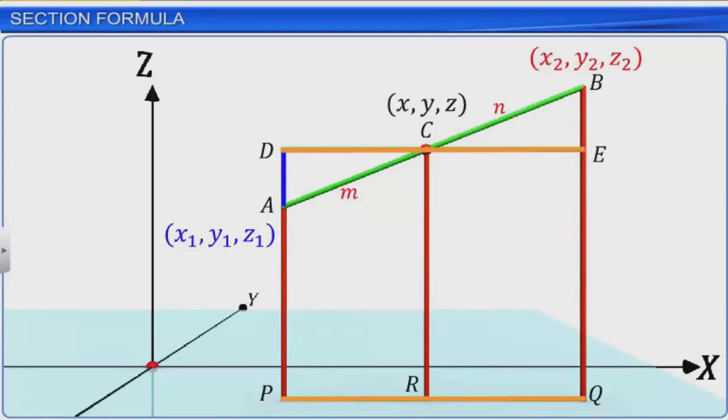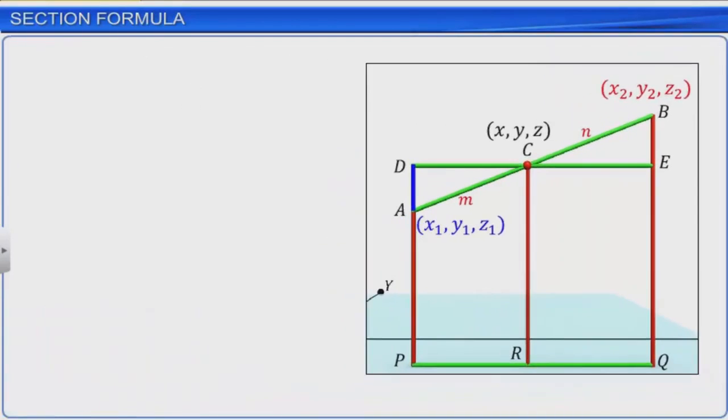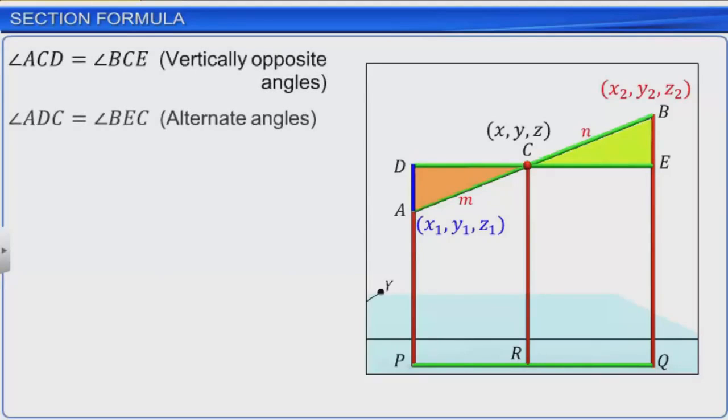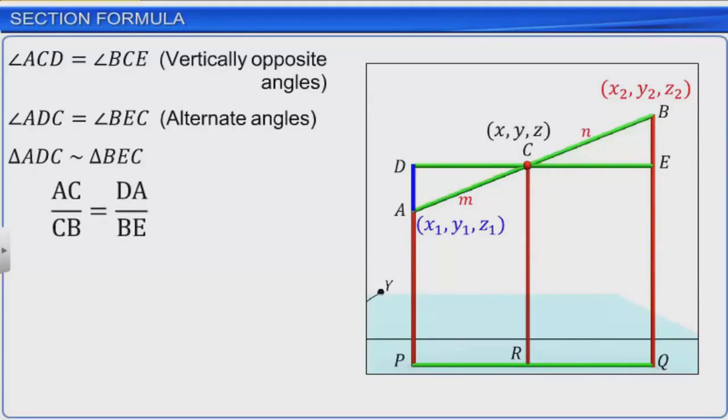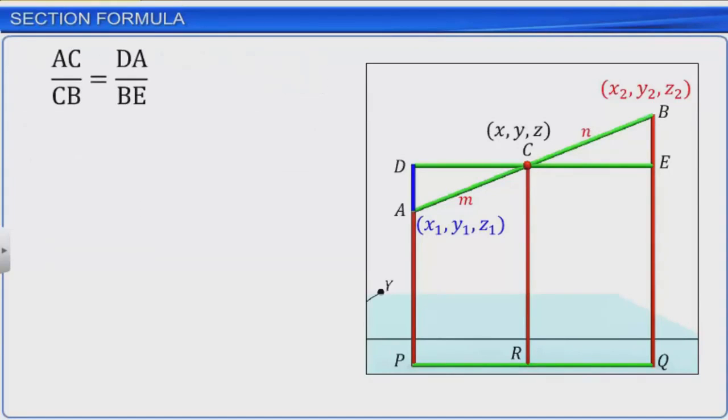Since AD and BE are parallel to each other, in triangles ADC and BEC we have. This implies that triangles ADC and BEC are similar. Therefore, this relation holds true for the triangles. From the figure, we can observe that the left-hand side of this relation is equal to m divided by n.